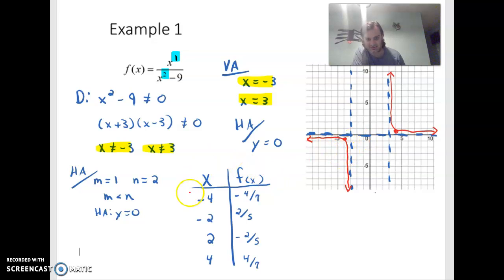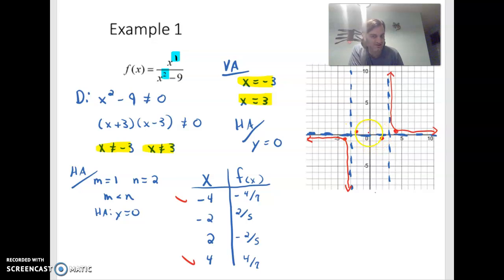Okay, so the negative 4 and the 4 let me know where to put those. The two middle points here, negative 2 gives me 2/5. Can't be exact, but it's a little bit above the x-axis. And over here at 2, we got negative 2/5, which is a little bit below the x-axis. I'm not going to guarantee that this is the way it's going to work every time, but a few things here.